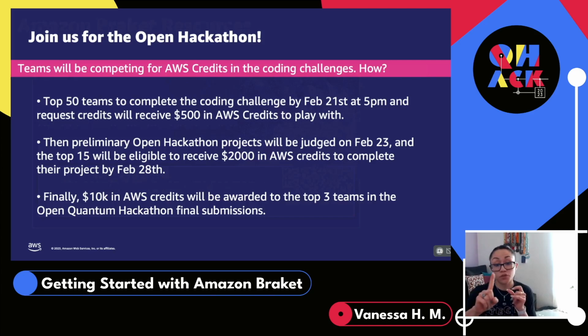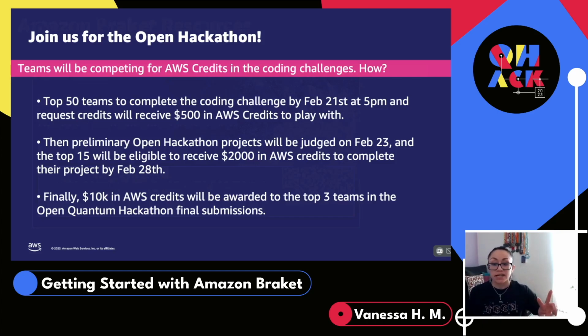It is important, if your team is awarded with this, you have to request the credits. If you don't request them, you might lose them. So be aware of that. And be careful. If you're awarded them, be sure you request your credits. You will receive instructions on how to do that.